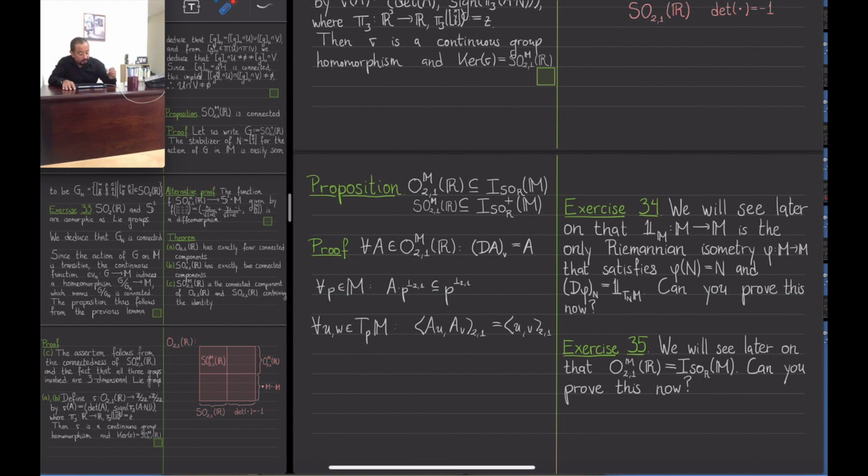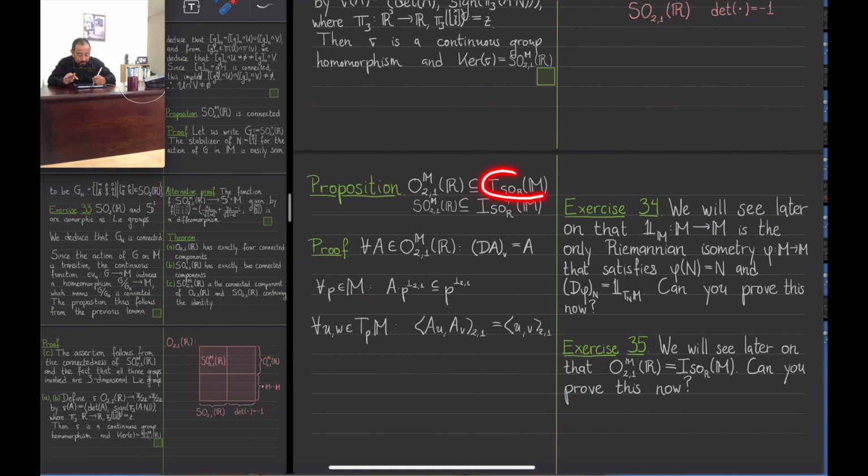Okay, right. Then look at what it does at the North Pole. So okay. Suppose the isometry you took doesn't come from a matrix.